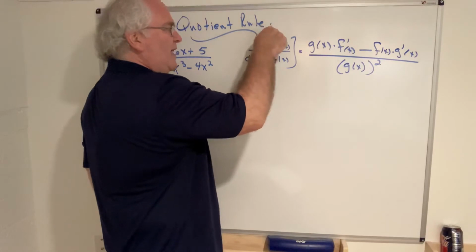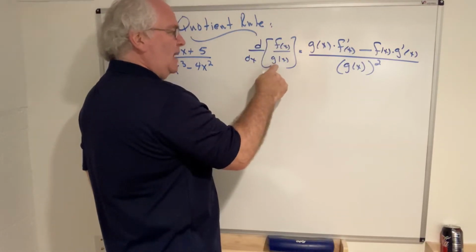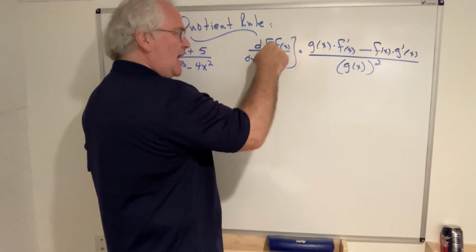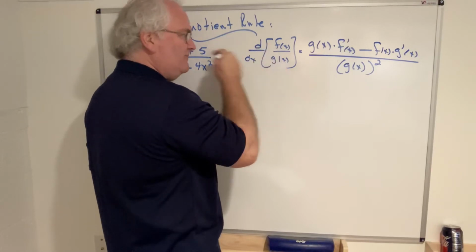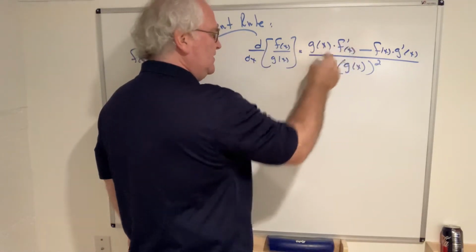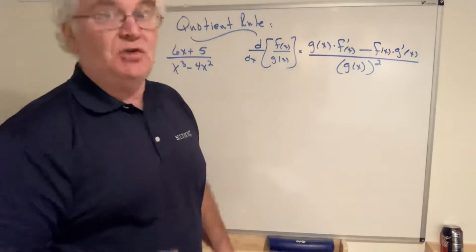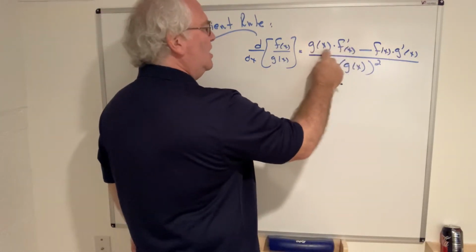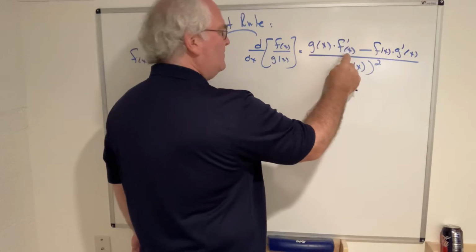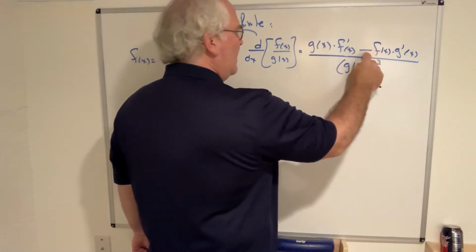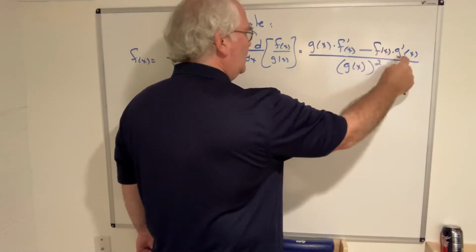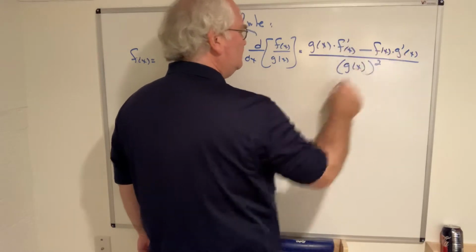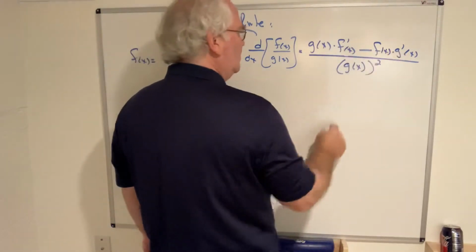If the numerator is high and the denominator is low, then the derivative is the d. Remember, d something is the derivative of something. So this is low d high, minus high d low, and square the bottom. Low d high minus high d low, square the bottom, off you go.